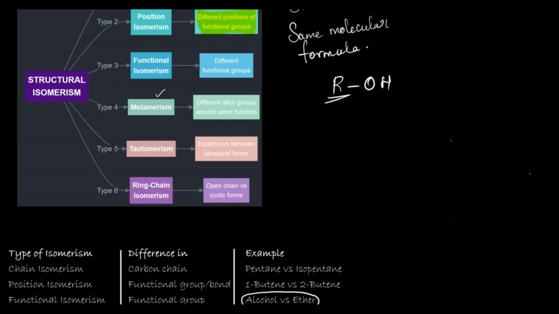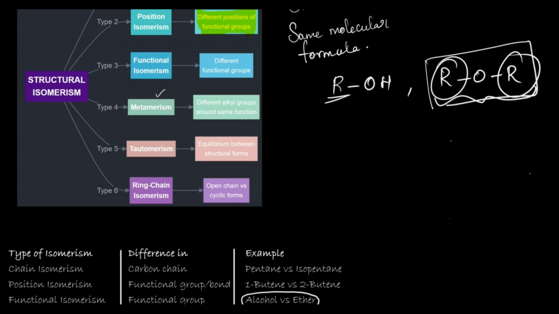Only one R group is attached with that. If I am considering ether, ROR, two alkyl groups are there. Oxygen is attached with two alkyl groups. That is having two hands holding the alkyl group, right? Metamerism is only exhibited by compounds like this. I can give you another example like ketone.